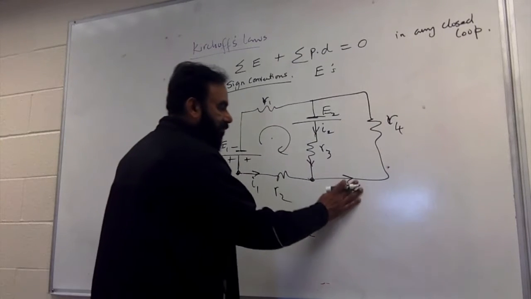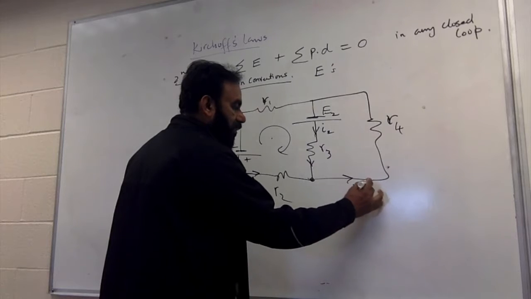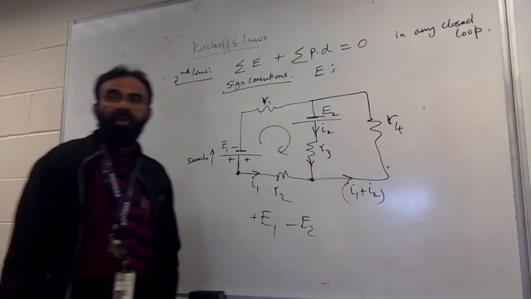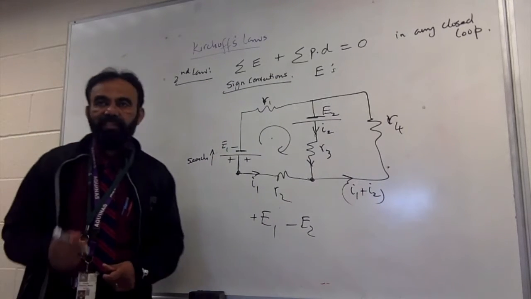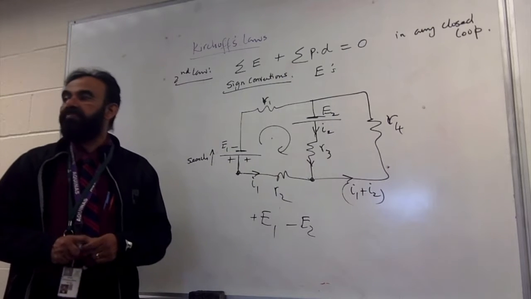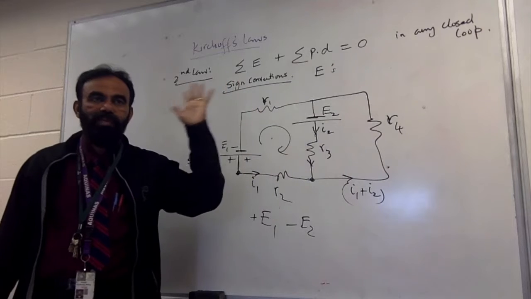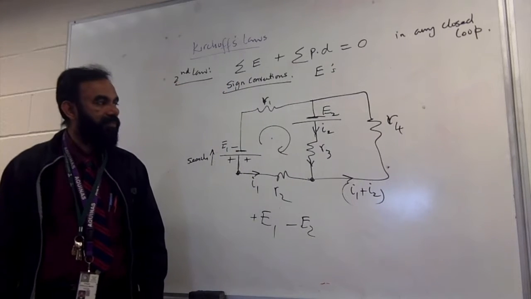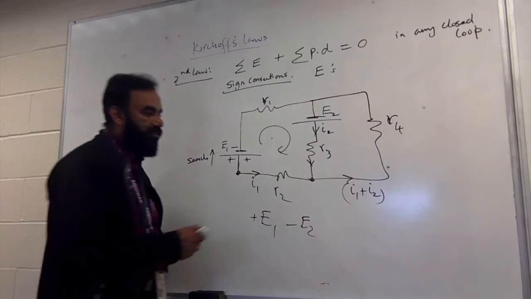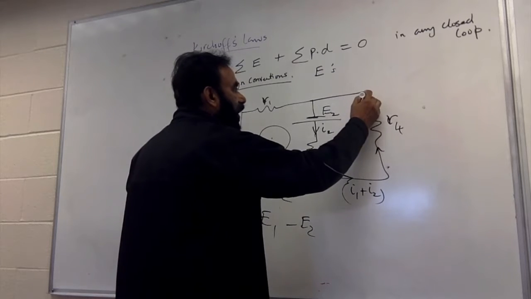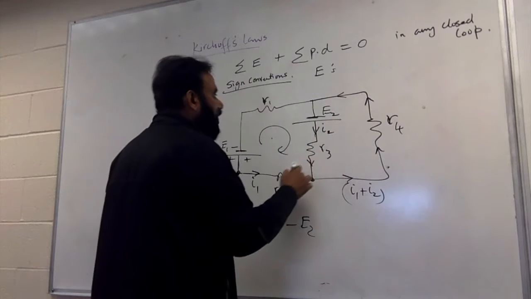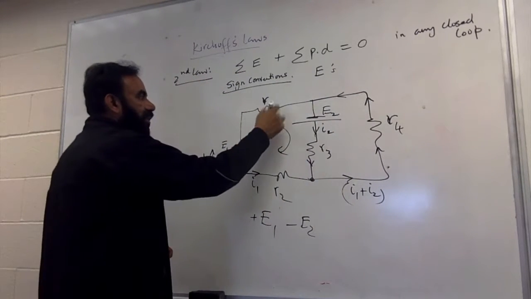So what is this I? I1 plus I2. I don't want to write even I, because if I introduce I, then it will be three variables. If I don't introduce I, there are only I1 and I2, so only two variables right now. That's good. So this is your first action, and of course you have to mark this current everywhere so that you will not make a mistake.